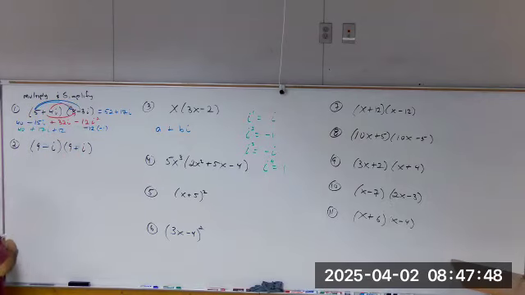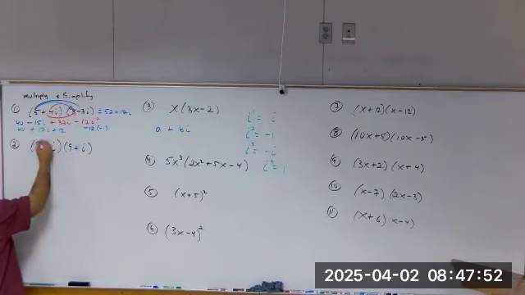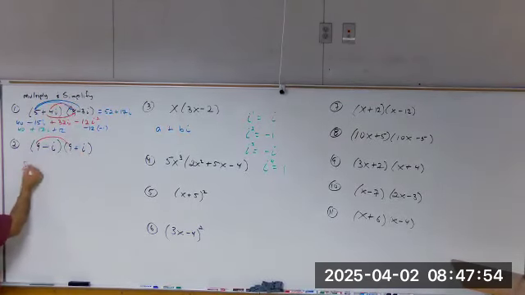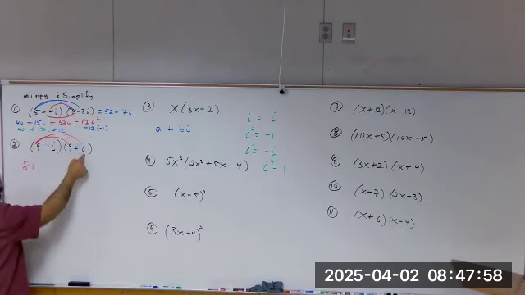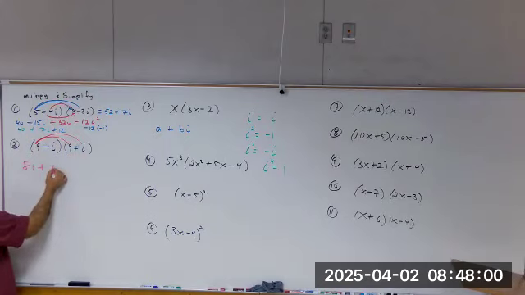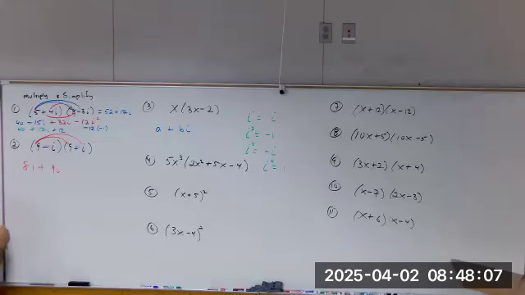We still distribute. So we get 9 times 9, that's 81. 9 times positive i, that's a positive 9i. Now we distribute the negative i.